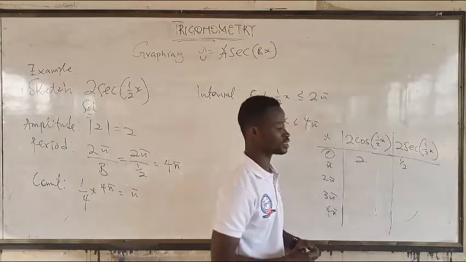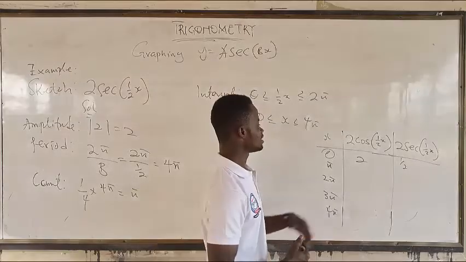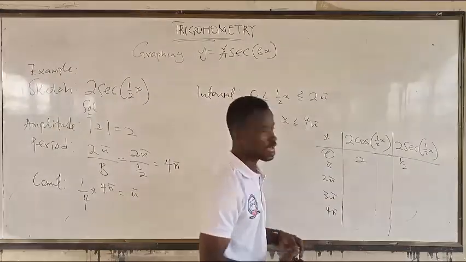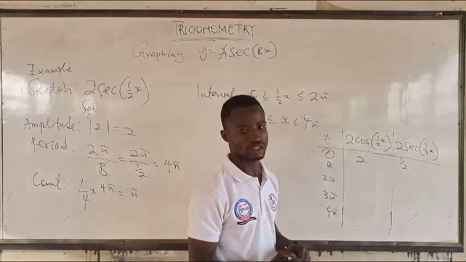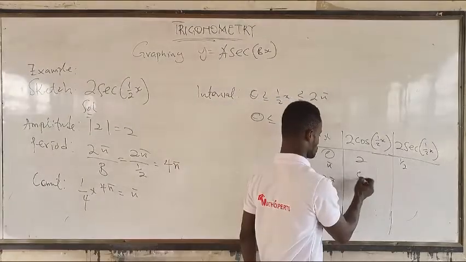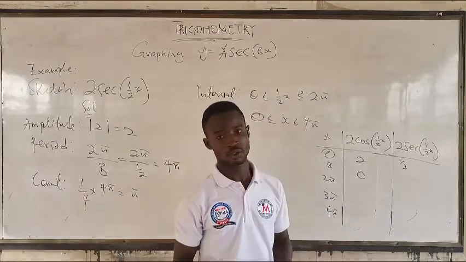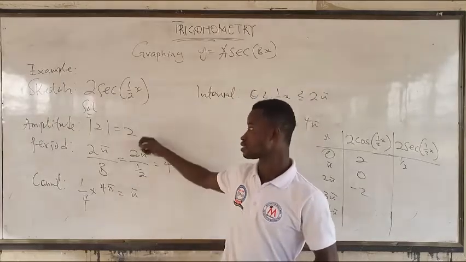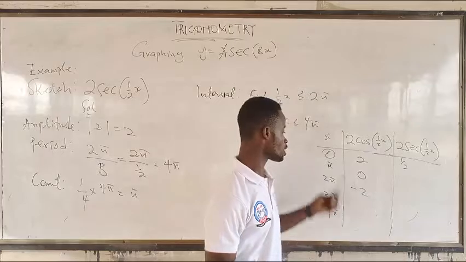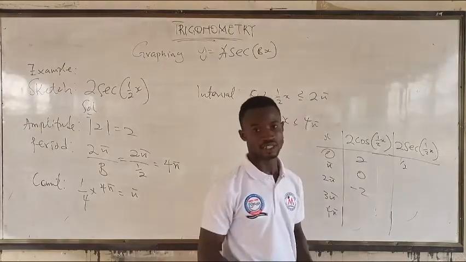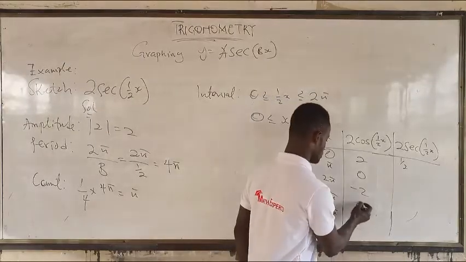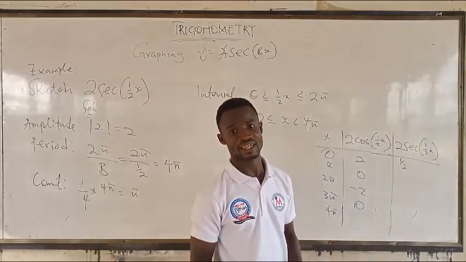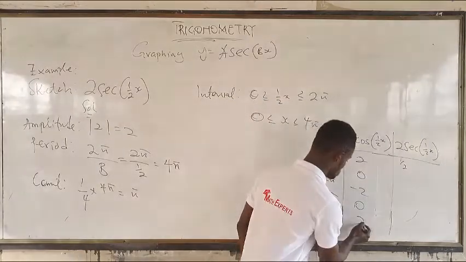You can also leave it in decimals. In fact, this is just going to be your guide, so you can just focus on this one. For pi, you are going to get 0. For 2 pi, you get -2. You can see that the amplitude is 2, so the maximum value is 2. And for 3 pi, you get 0. And for 4 pi, you're going to get 2.